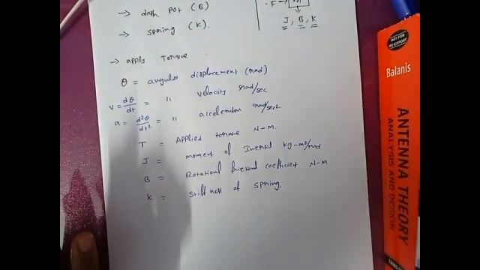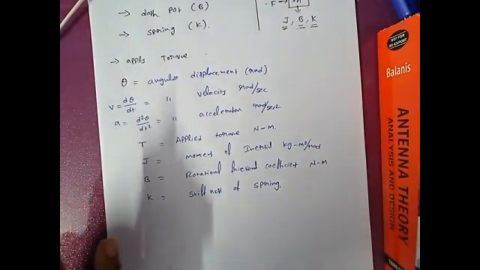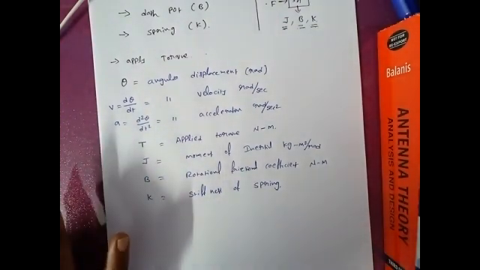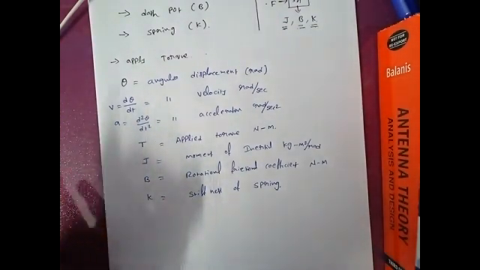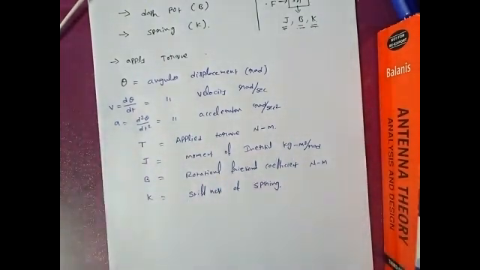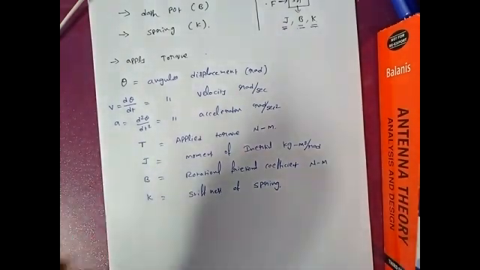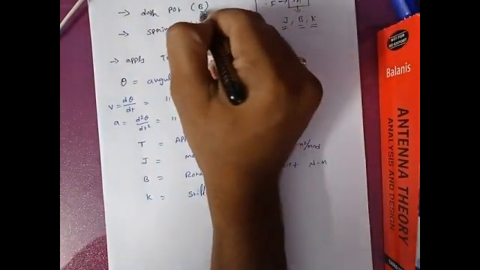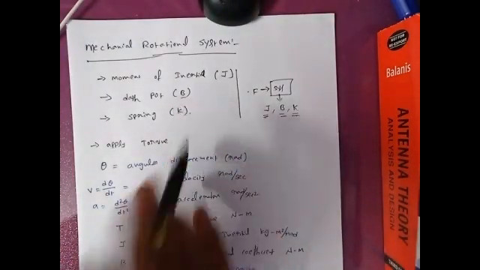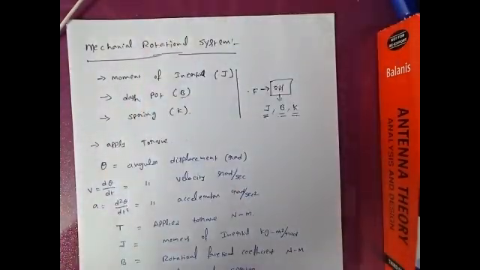As per our previous discussion, we can define a system with mass, friction and elasticity properties. To define a mass in a translation system, we use mass; here we will use the moment of inertia, J. The dash part represents friction, and the spring represents the elasticity property of the system.